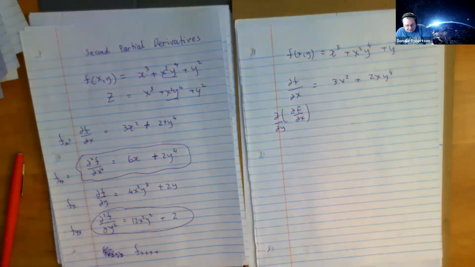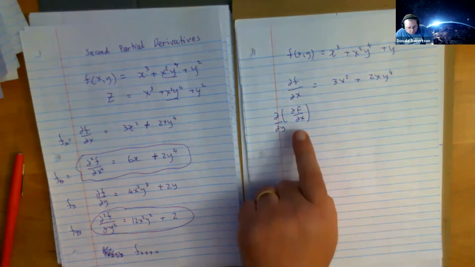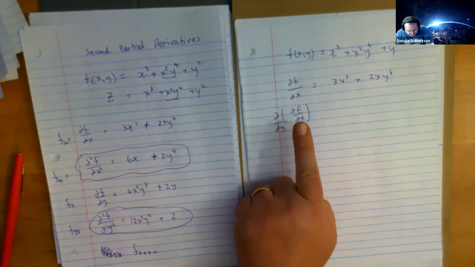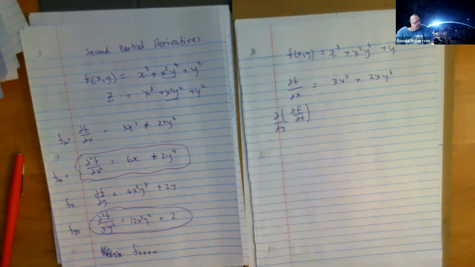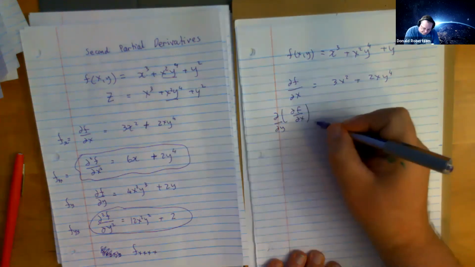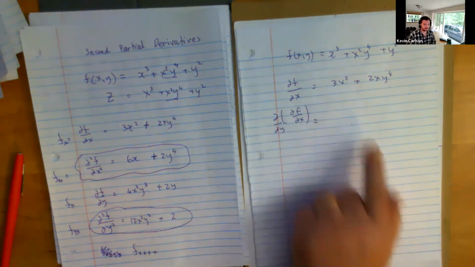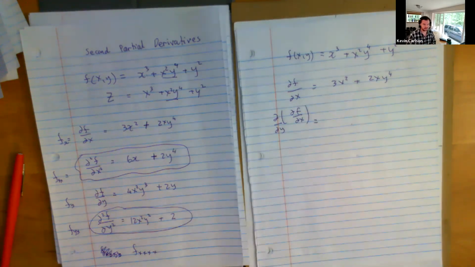And I'm writing it in this clunky way for a moment. What do you think you're being asked to do when they ask you to find this guy? Find the derivative with respect to y after finding the x derivative.